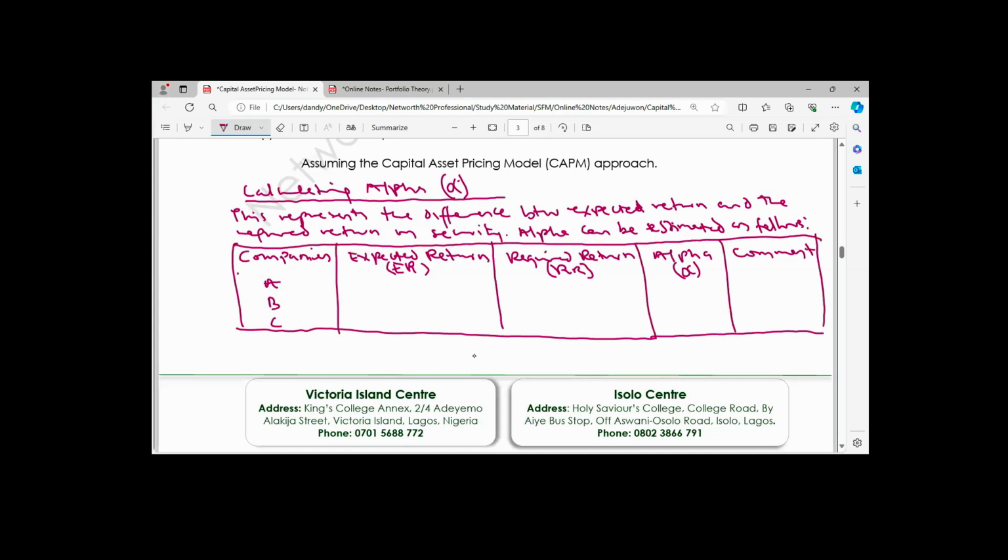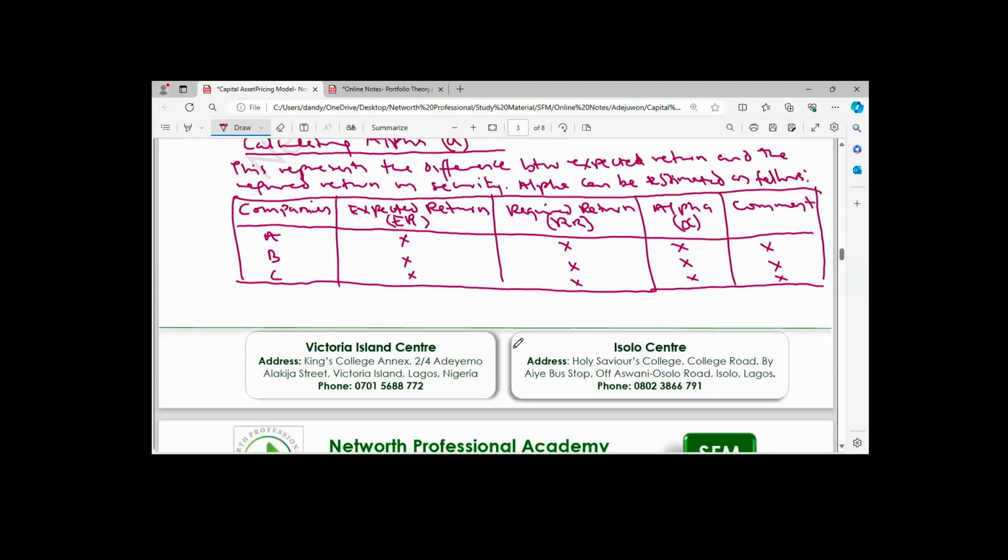Say we have X as return. Then we proceed to calculate the required return. The difference between expected return and the required return will give us alpha. Then you put in your comments. This is how to calculate alpha.